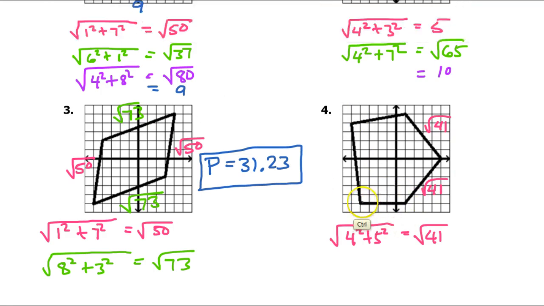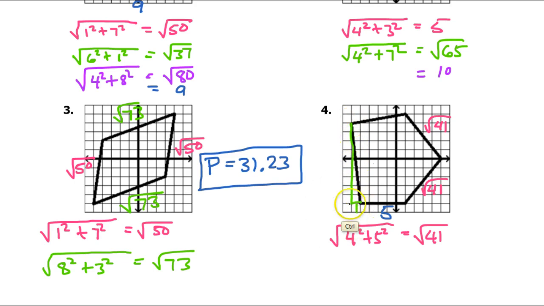Now this one down here is horizontal, so I can just count. And this is 5. Now let's go ahead and do this side over here. This is a horizontal of 1, and I've got this really long vertical.